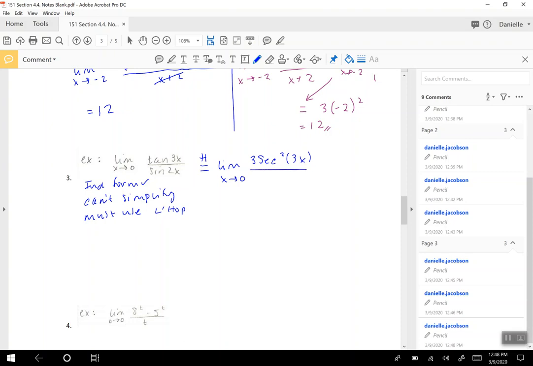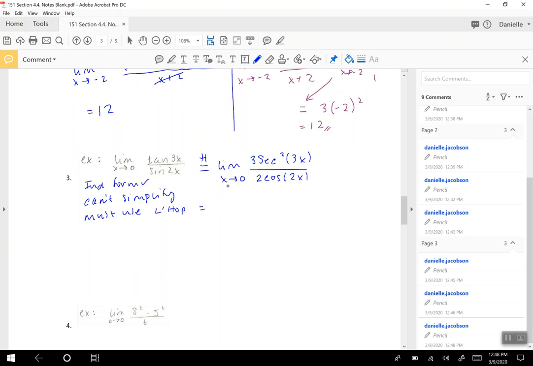On the bottom, the derivative of the sine of 2x, we need the chain rule for, so the derivative of the outside is cosine of 2x times the derivative of the inside, which is 2.